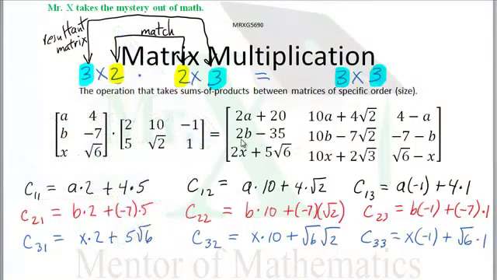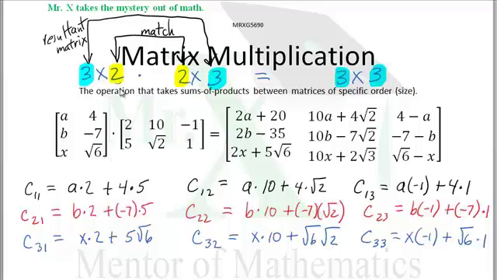Well, because in our resultant matrix, we're in third row, first column. We took the third row times the first column. That's what this is. Third row times first column.